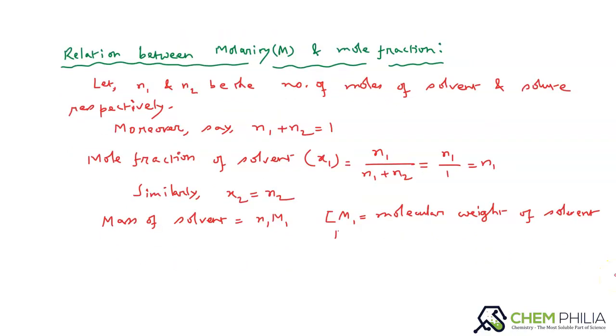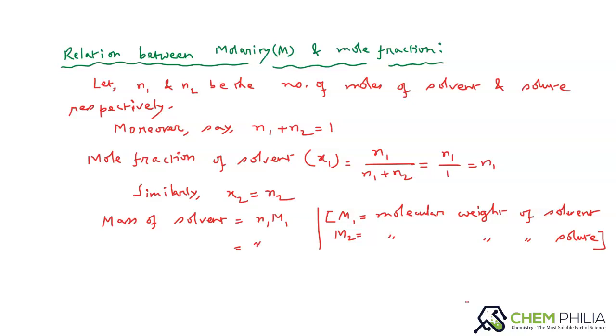Clear? And M2 is the molecular weight of solute. Clear? So here the mass of solvent is N1 M1.